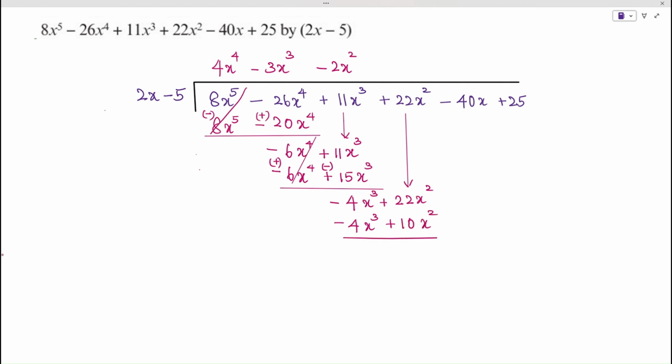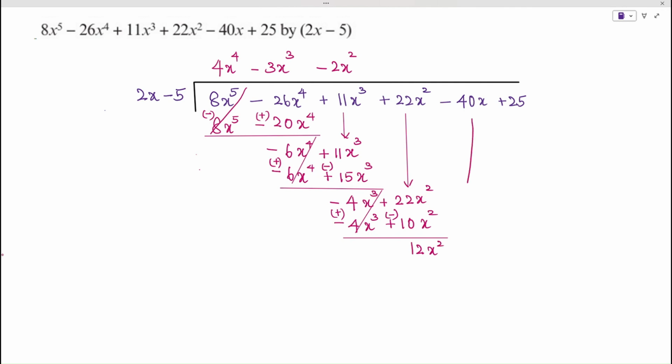We once again subtract our values. So our minus 4x cubed cancel out, and we're left with 22x squared minus 10x squared, which leaves us with 12x squared.